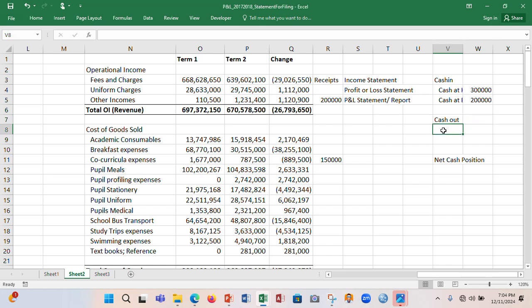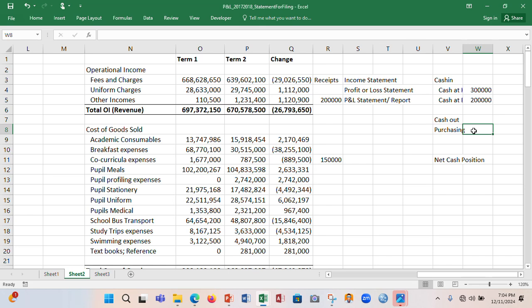What cash has gone out? Cash out, you look at cash going out because you are purchasing. This one looks, when you purchase, even if you purchased desks, that cash is not with you. That is cash flow.